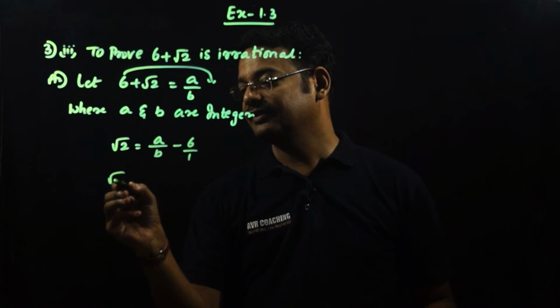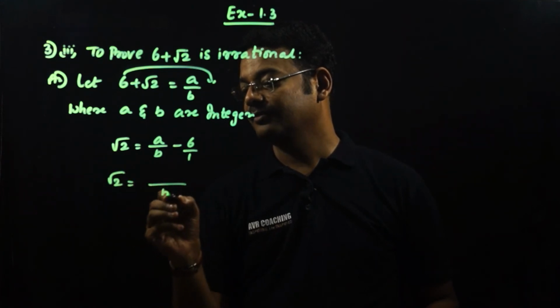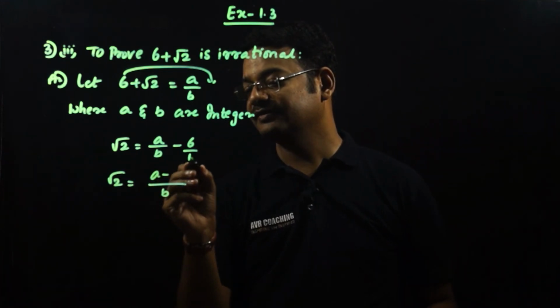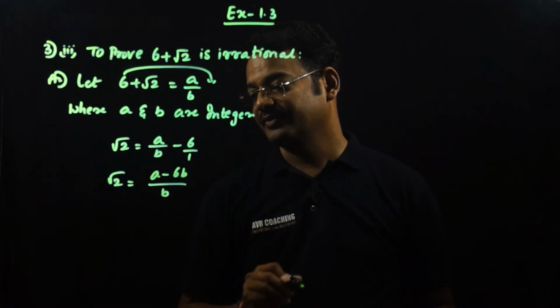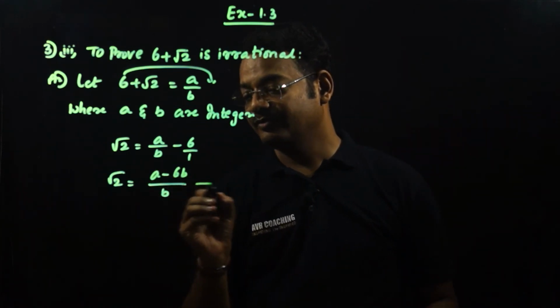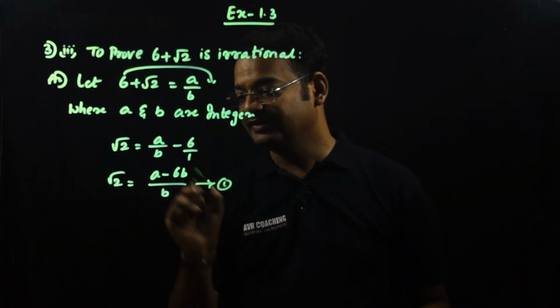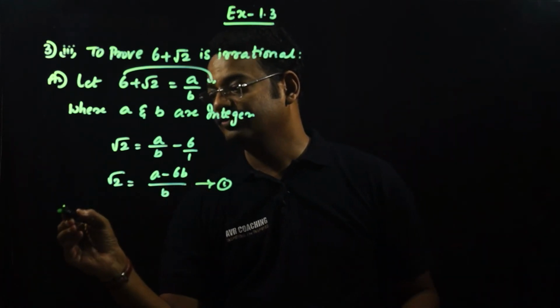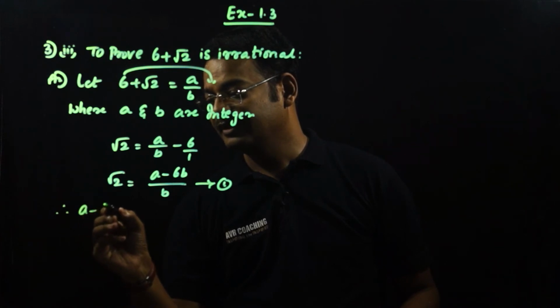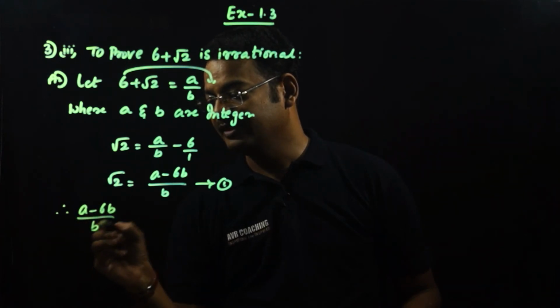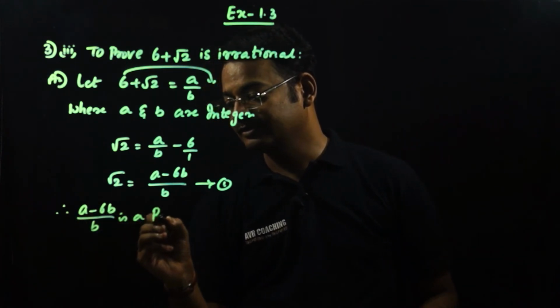If we take LCM, root 2 equals (a minus 6b) by b. Now from equation 1, (a minus 6b) by b is in the form of p by q. Therefore (a minus 6b) by b is a rational number.